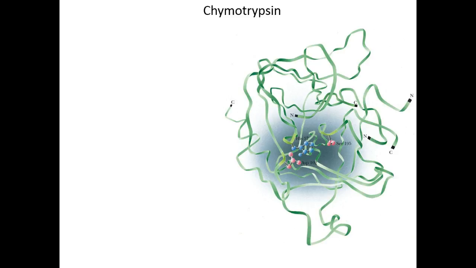The side chains have been removed because it would clutter the diagram too much. Here we see in the center of the enzyme is the active site. And look who's side by side, right there in the active site. Serine 195 and histidine 57. Just as our mutational analysis predicted, these two amino acids are critical for catalysis because they are the big players in the active site.